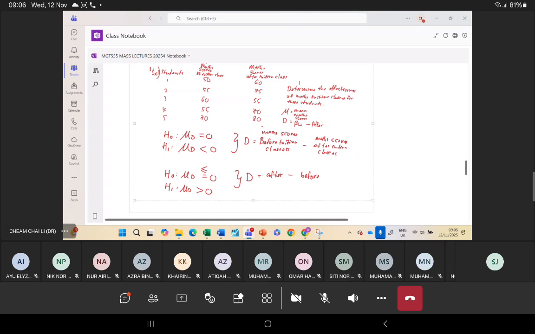If I define my D as the differences, starting with the math scores before tuition, my null hypothesis is mu D equals 0. And my alternative hypothesis, saya kena tulis mu D is less than 0.